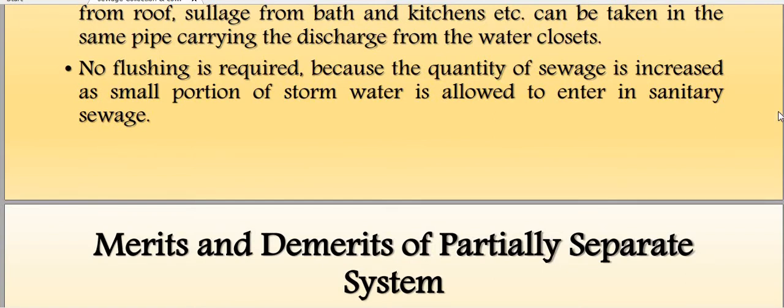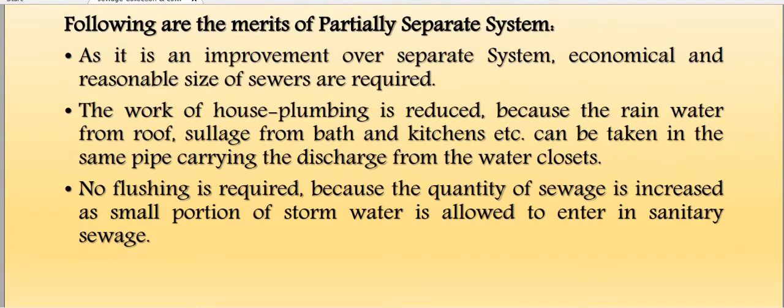Means what we are getting from it is that in the partially separate system, again we are using two sets, but in the sewage system the flushing is achieved by allowing a quantity of storm water into the sanitary sewage section.